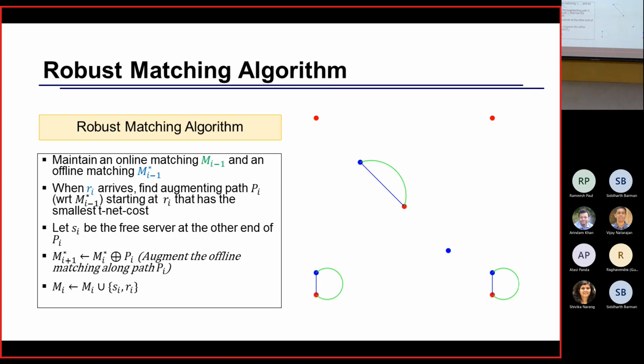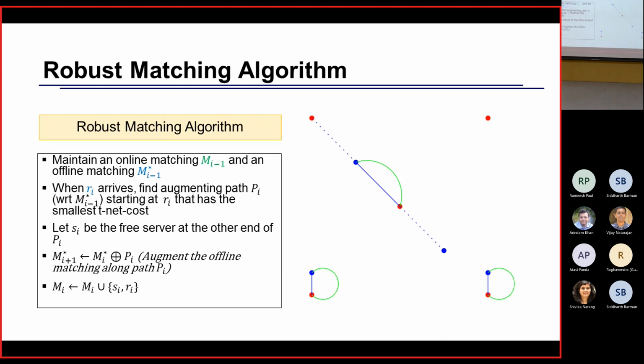Here's what the algorithm does. It's going to compute the minimum T-net cost augmenting path from this request. Let's say this here is the minimum T-net cost augmenting path.